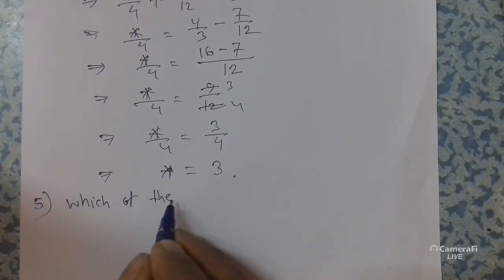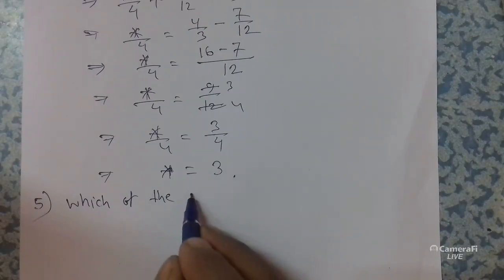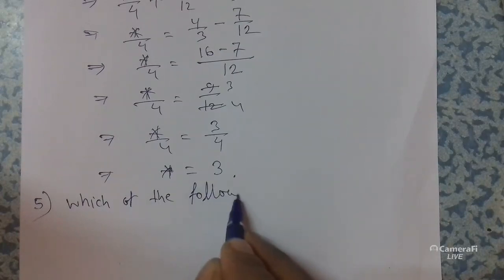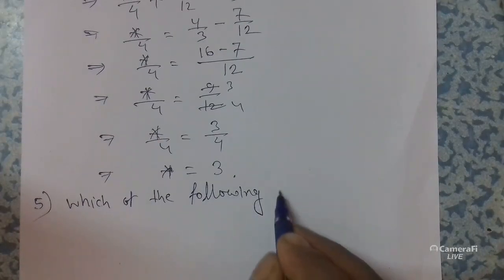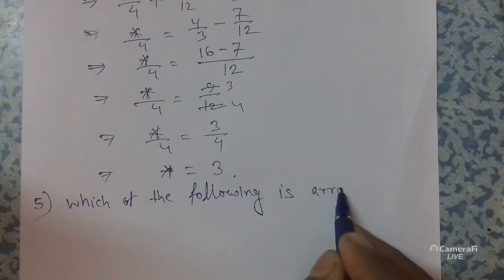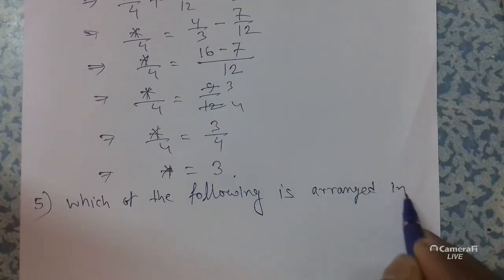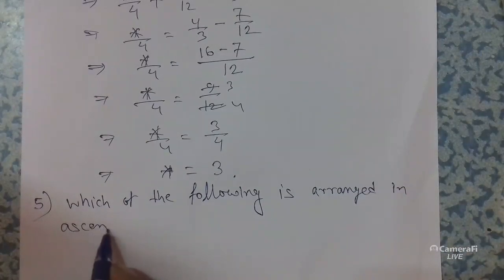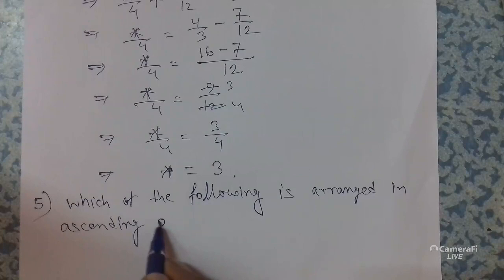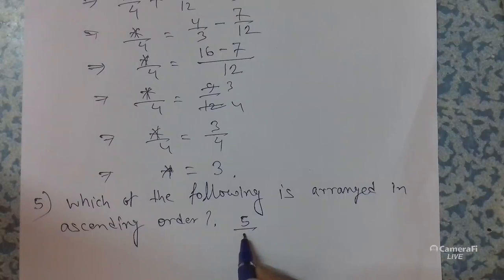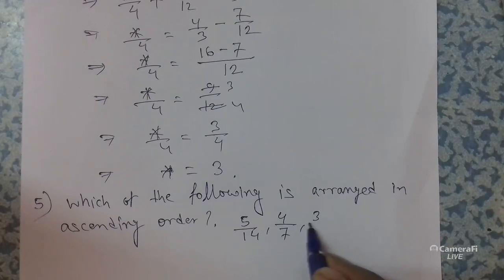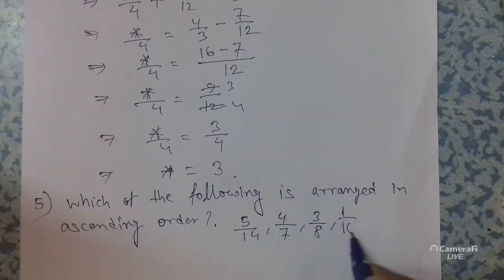Which of the following is arranged in ascending order? The problem is 5 by 14, 4 by 7, 3 by 8, 1 by 16 and 1 by 4.